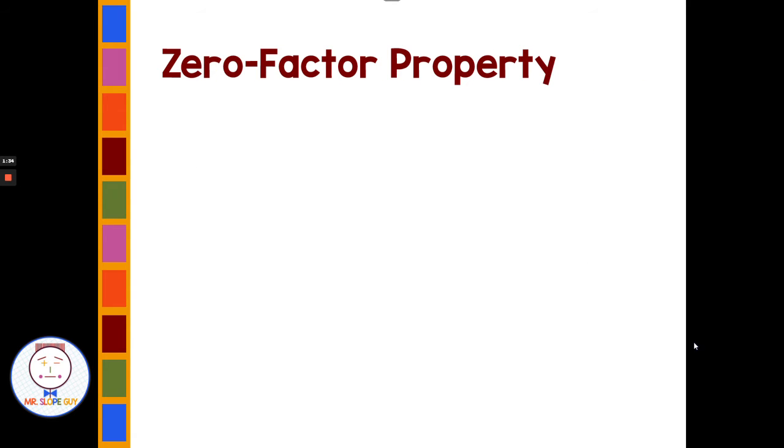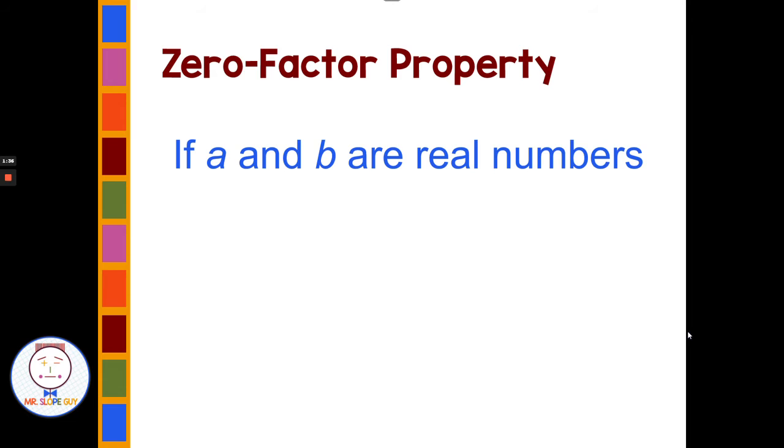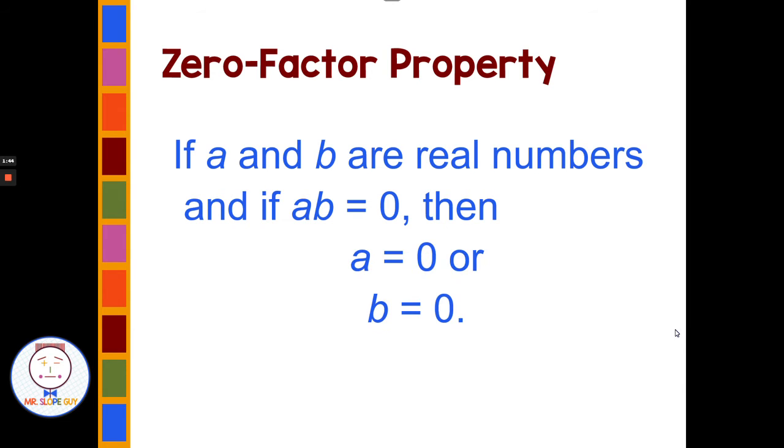Zero factor property. So if a and b are real numbers and a times b equals 0, then what do we know about a and b? If I multiply two numbers and get 0, then I know either a had to be 0 or b had to be 0.